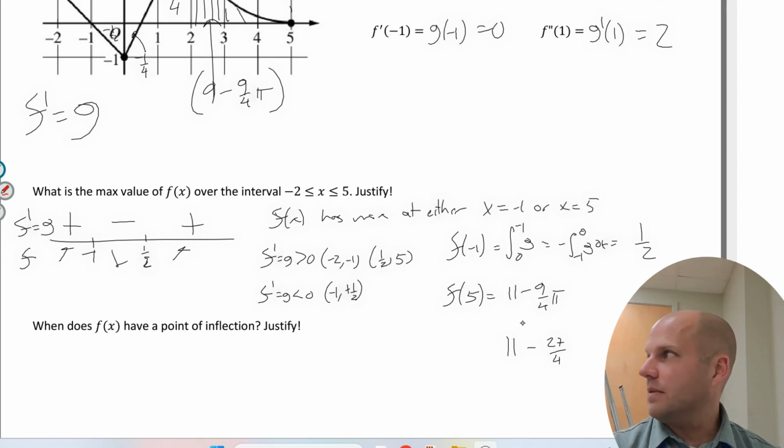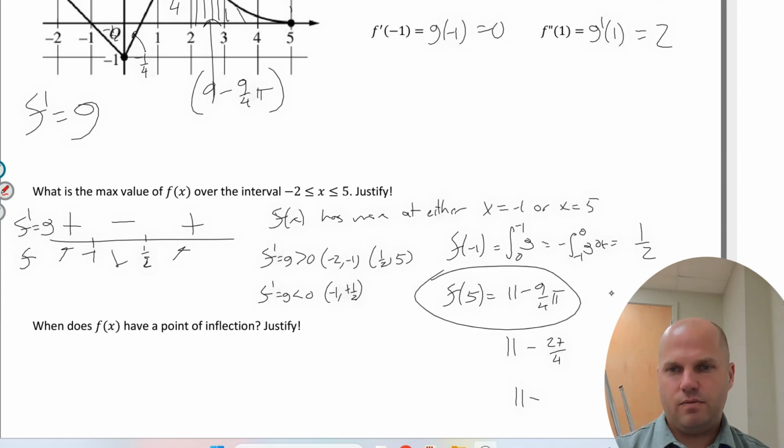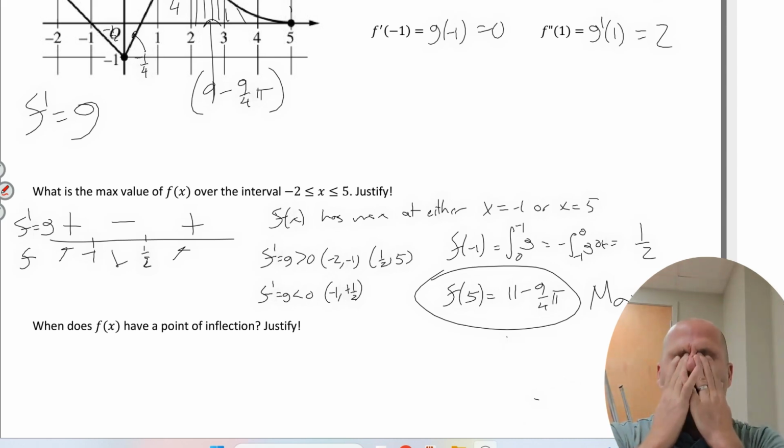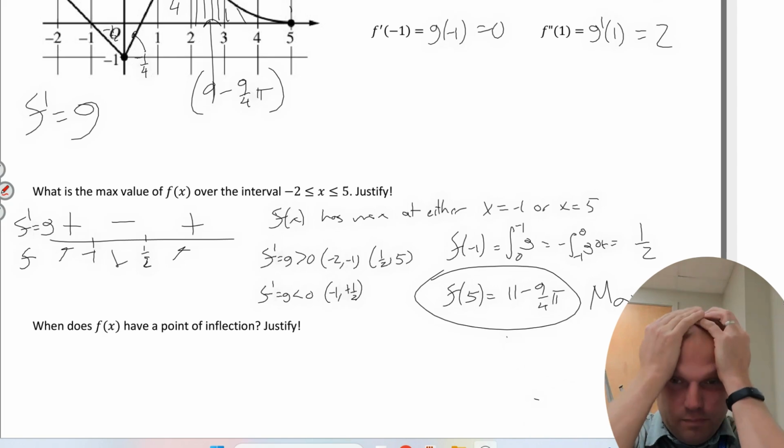I will be subtracting more, so it's 11 minus something more than 7. Ooh. It's going to be close, but I'm pretty sure this is the max value. How can I check without a calculator is the question. I would do the actual arithmetic, that would take too long.